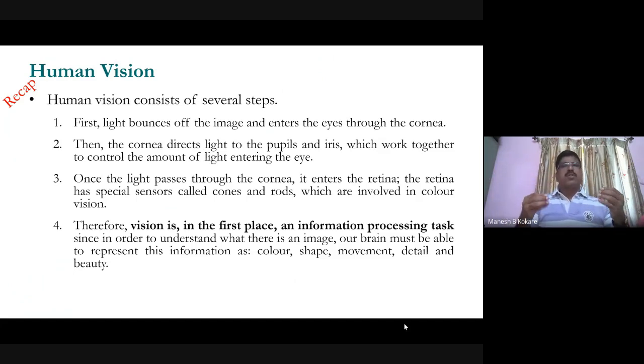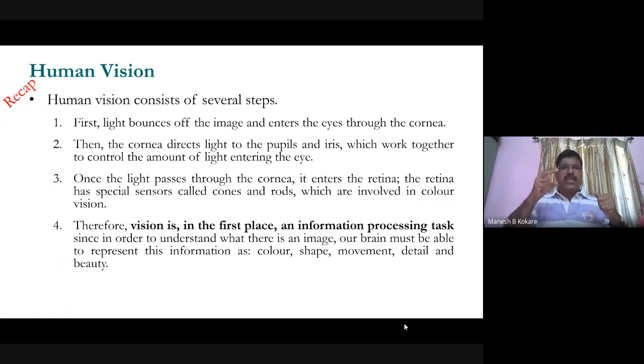The first step is that light bounces off the image and enters our eyes through the cornea. The second step is that the cornea directs this light to the pupil and iris. Together, the iris and pupil control the amount of light entering the eye. So that is the second step.